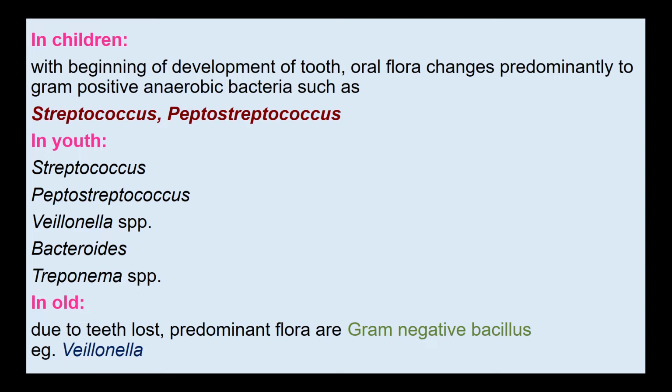Later, when the teeth start to develop, oral flora changes and more gram-positive bacteria are added, as well as obligatory anaerobic bacteria with the development of teeth, mainly Streptococcus and Peptostreptococcus, and then Veillonella, Bacteroides and Treponema.